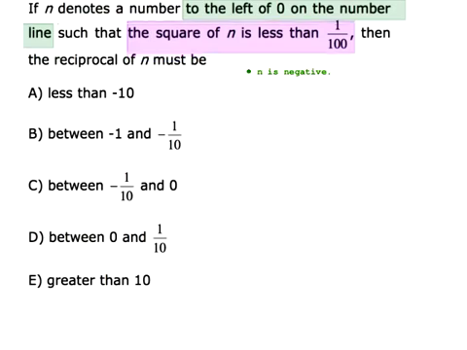But, well, so we have this, right? N squared is less than 1/100. N squared, rather, not n. Okay. What does this mean that we can do?